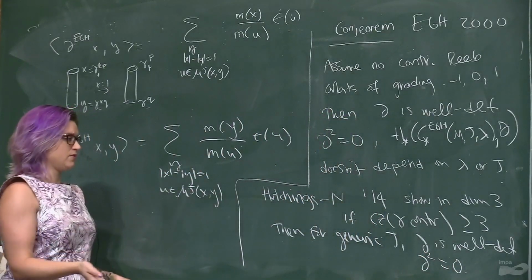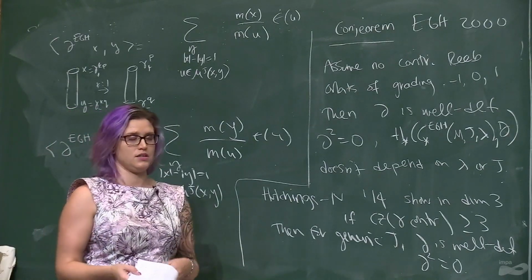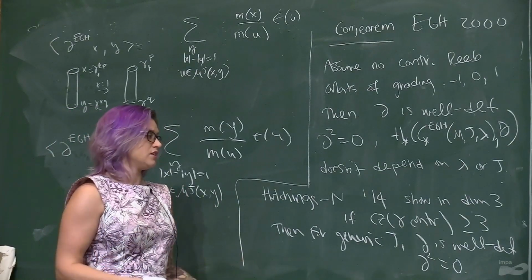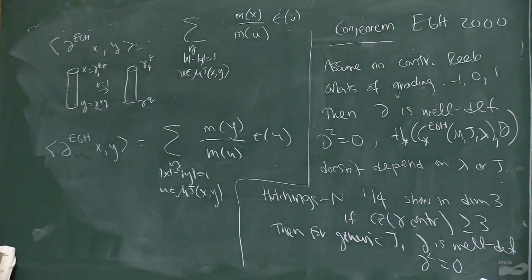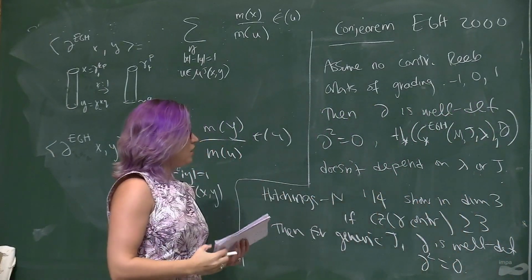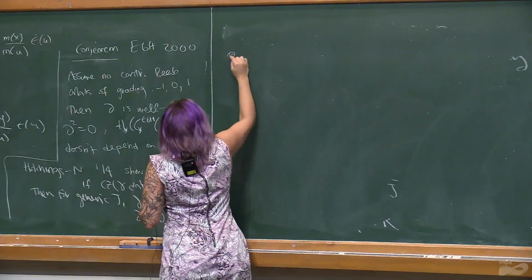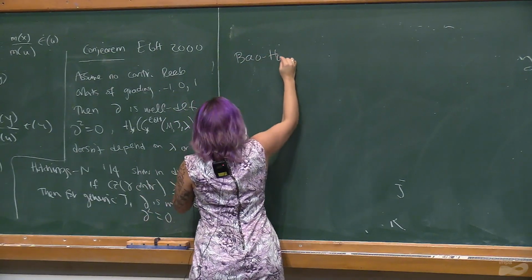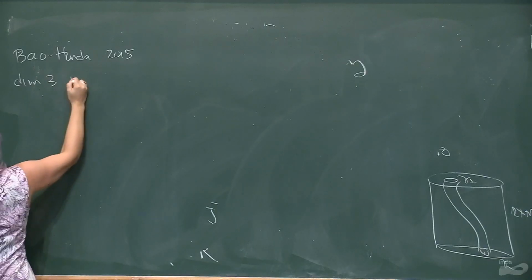But we couldn't prove invariance because our toolkit of low-dimensional techniques failed in a cobordism, and that led us to the project that I'll talk about now. And then the other partial results that people had involved excluding all contractible Reeb orbits. So Bao and Honda have a paper from 2015 in dimension 3 in the hypertight case.